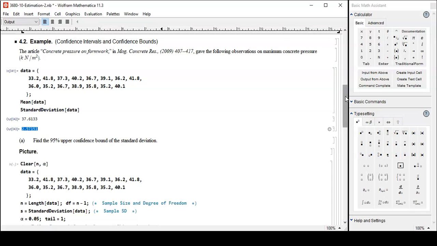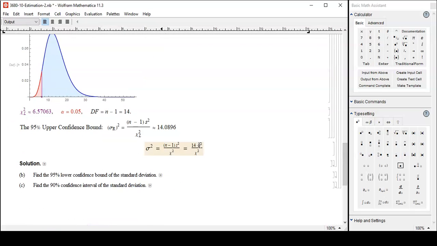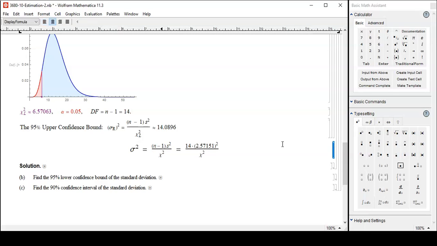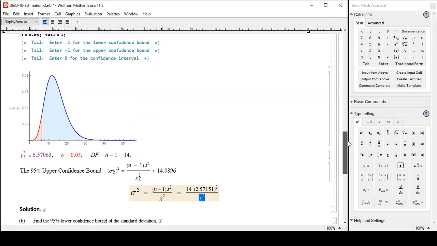This one squared is the sample variance. So put in that one squared. Now, let me just increase this font only. And then you have to get the appropriate chi-square value from your table. Okay? And remember, reversed. So we are looking for an upper confidence bound, so we have to get the left-hand side.